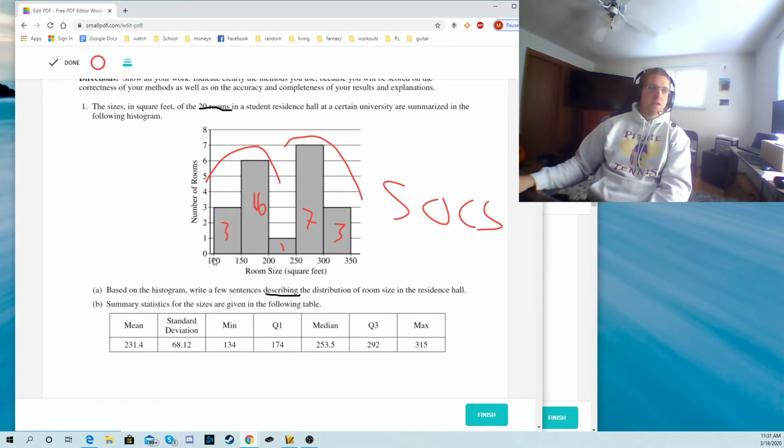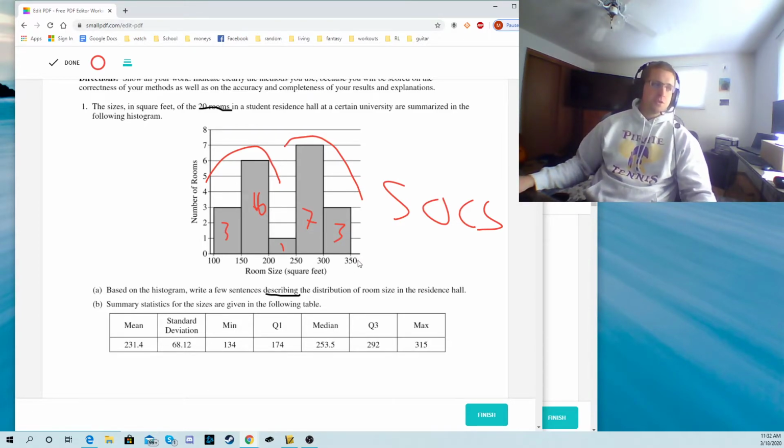Why did they say that? Well, because the shortest possible range could have been from the 150 to the 300, that's 150, and the longest possible could have been from the 100 to the 300, that's 250. So the whole length would be 250.